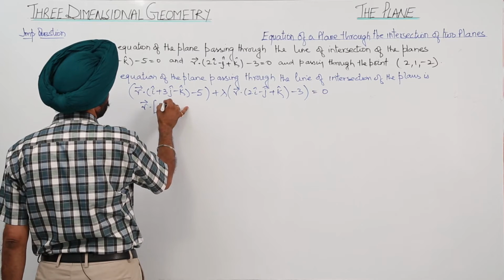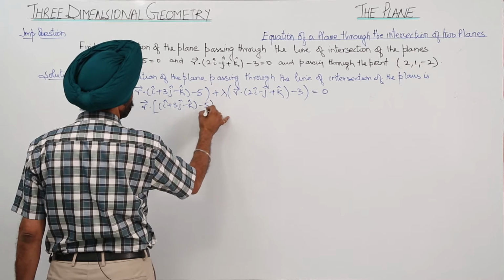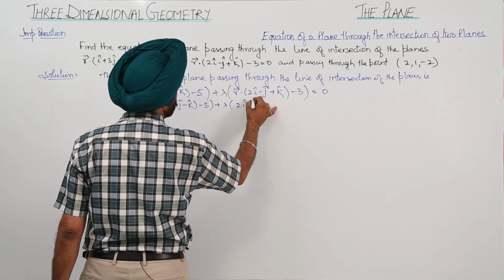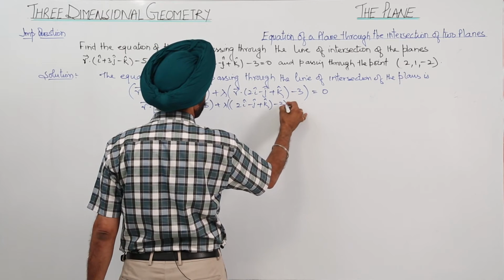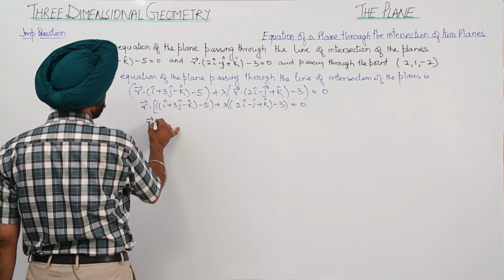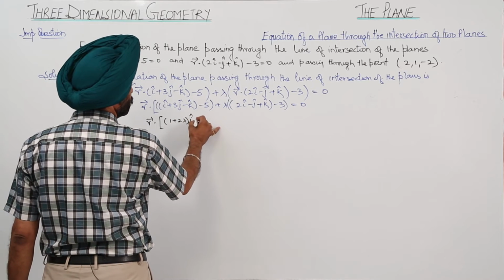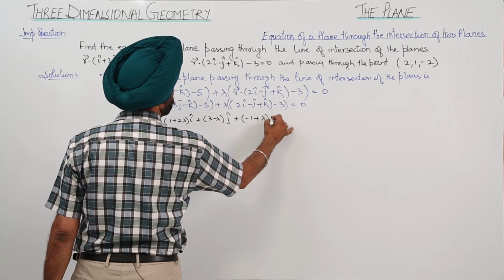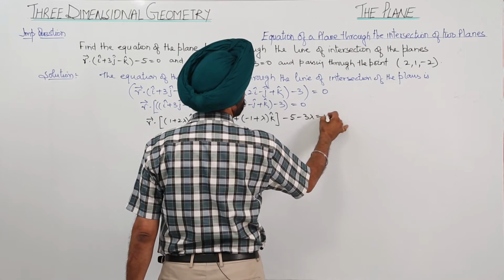Now we are having (i cap + 3 j cap - k cap) - 5 + lambda times (2 i cap - j cap + k cap) - 3 is equal to 0, or we can write this as vector r dot ((1 + 2 lambda) i cap + (3 - lambda) j cap + (-1 + lambda) k cap) - 5 - 3 lambda is equal to 0.